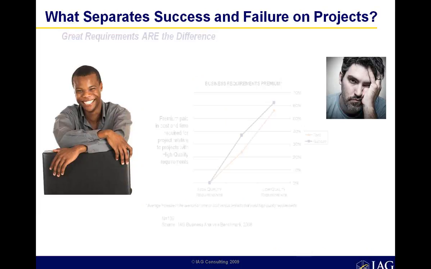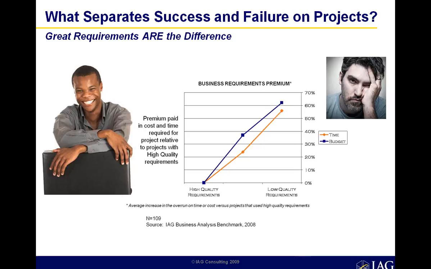And what this is showing you on this particular slide, again, hard data, hard facts. If you're level 1 or level 2, you are producing low-quality requirements, which means you are probably paying 60% more for your applications than an organization that's optimized in doing requirements.